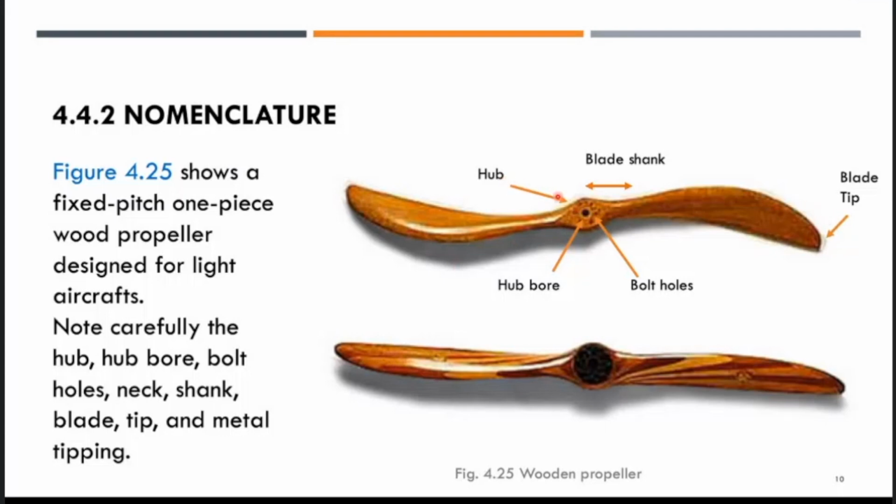So in the middle there, we have the hub. It's a round shaped part, and in the center of the hub, we have a hole. We have what we call the hub bore, which is connected to the engine itself.